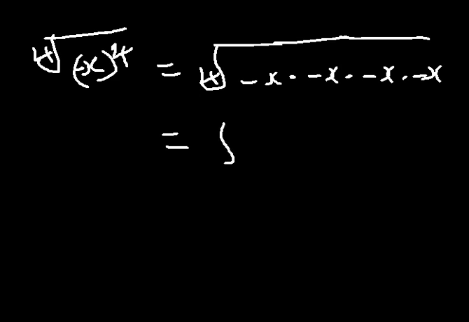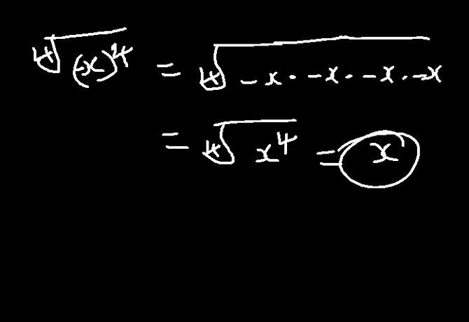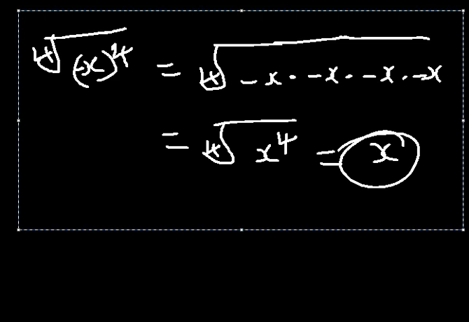This corresponds to the 4th root of x to the power 4. In this case, this is the same as x. You can see that what we get out is the positive number. That only happens if the power is an even number corresponding to the nature of the root. So keep that in mind.